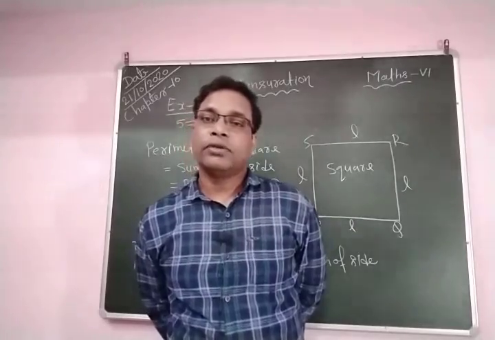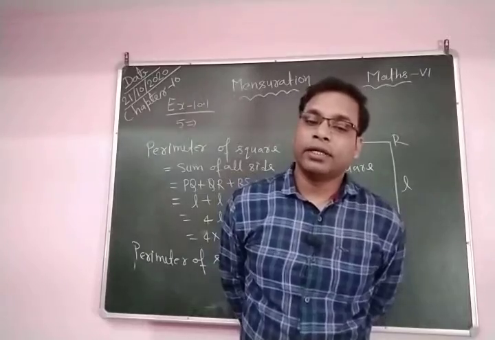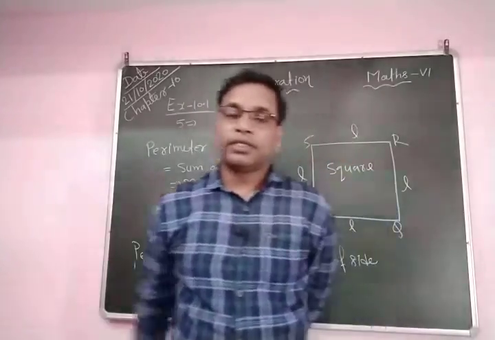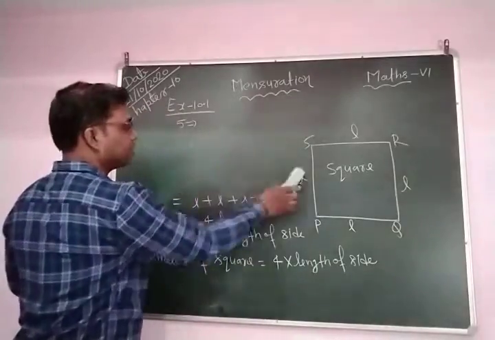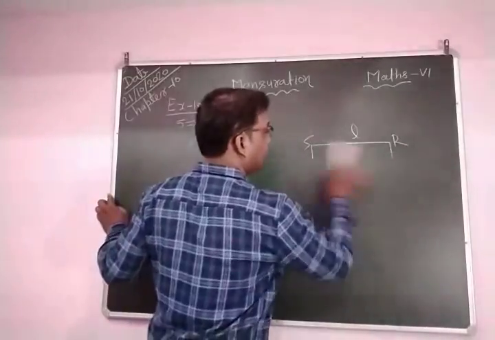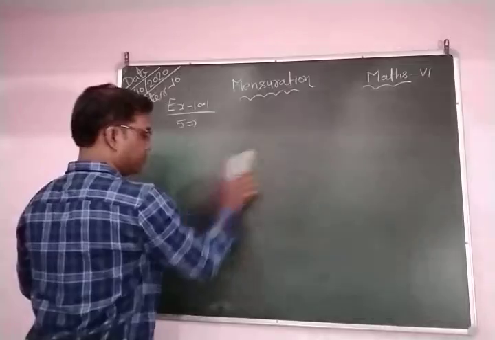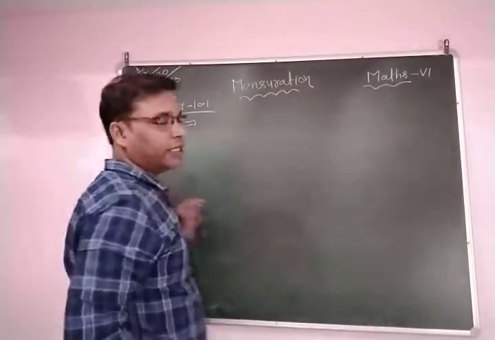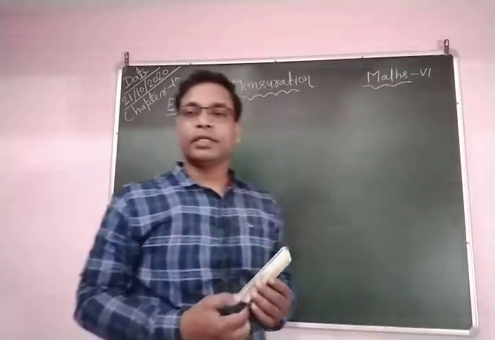Okay. Now let's see how to find the length of wire. In this question, it is given that the length of the piece of land is 0.7 kilometer and the breadth is 0.5 kilometer. We need to find the length of wire.